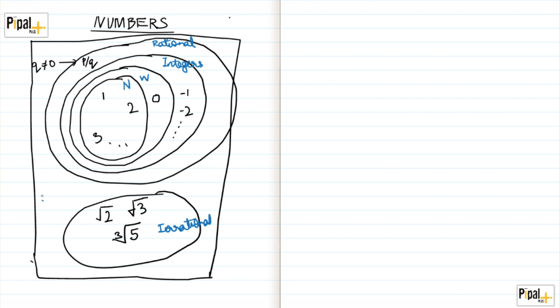Now mind you, there's nothing outside of rational and irrational, which is real. So it's basically the outer boundary of this and the outer boundary of this combines to give us the real numbers, right? So this is a very simple, almost simplistic representation of the different kinds of numbers that we're going to use.